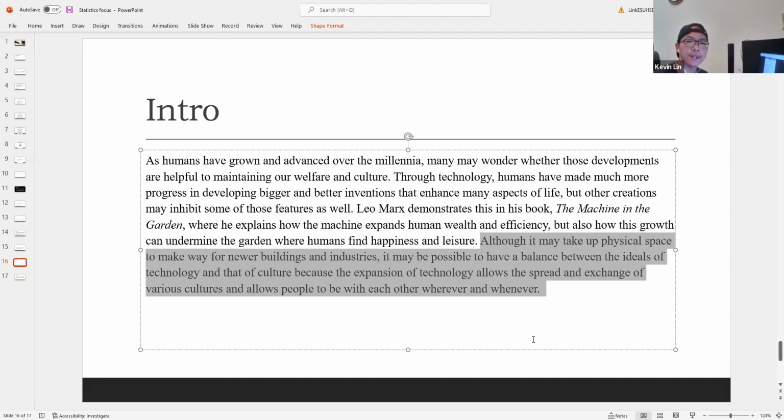So this is kind of an interesting approach, because this student saw the garden as culture, meaning that it's like communities, it's like traditions. If the garden is kind of like the ways back then of living, then that is being competed against by technology, wealth, efficiency, whatever, right? So they kind of defined it differently here.